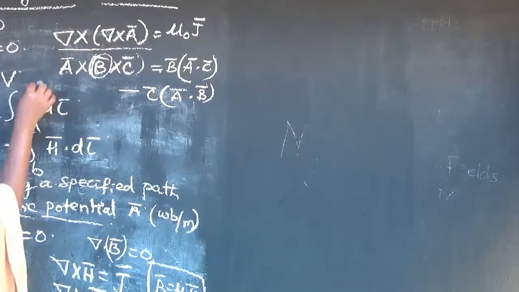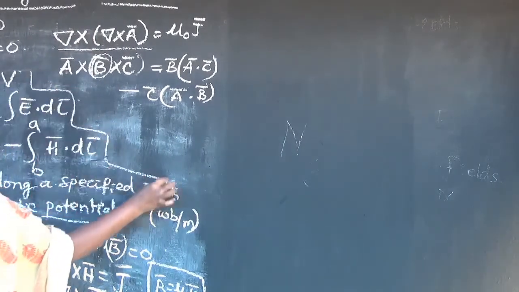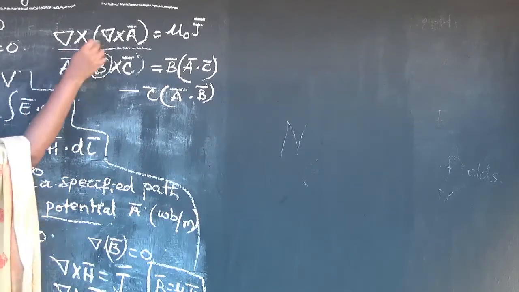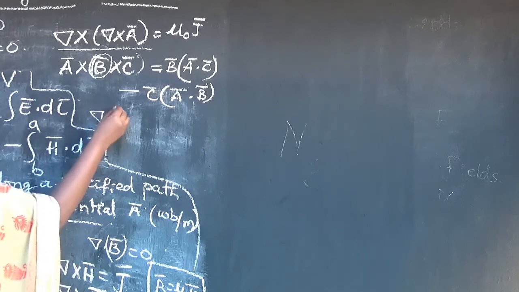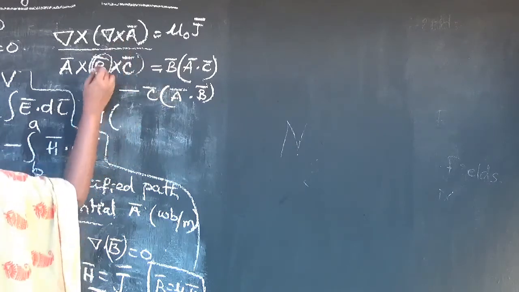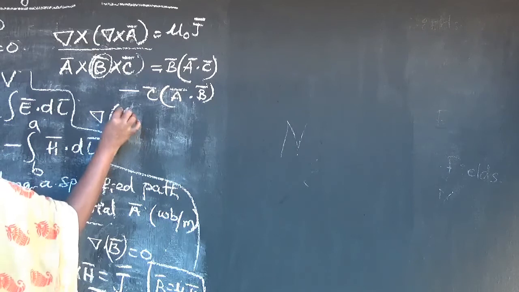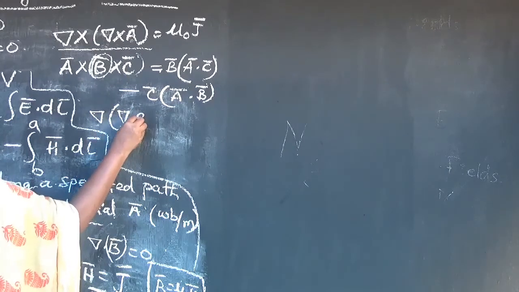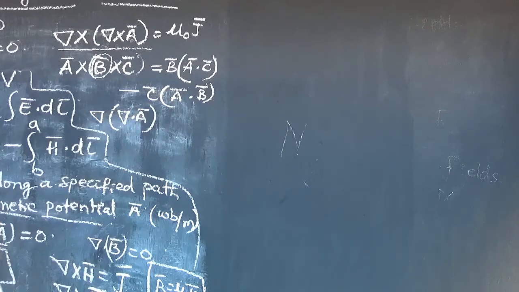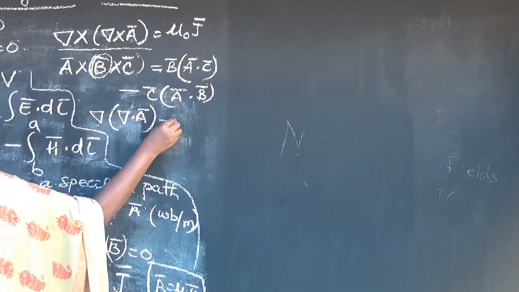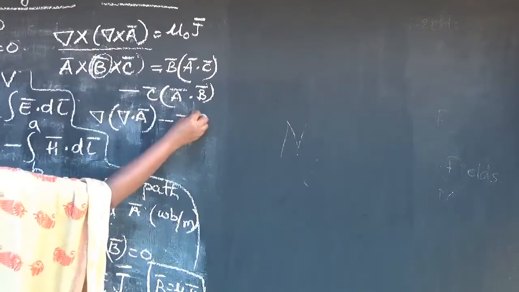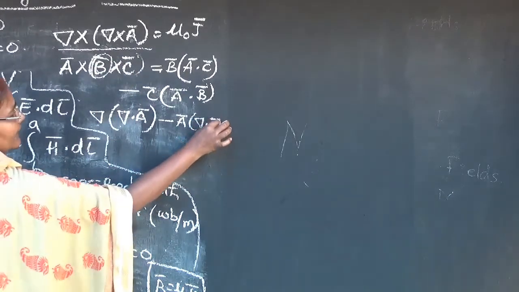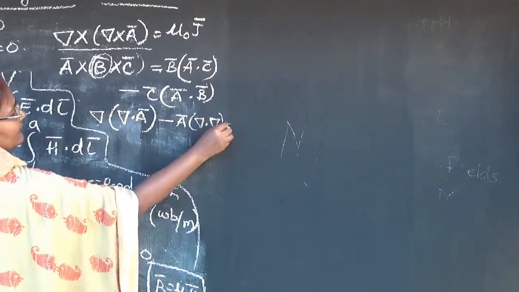What is this? The center one is del, and the first and last give del dot A bar, and the next one, minus the second one, is A bar and the first two del dot del.